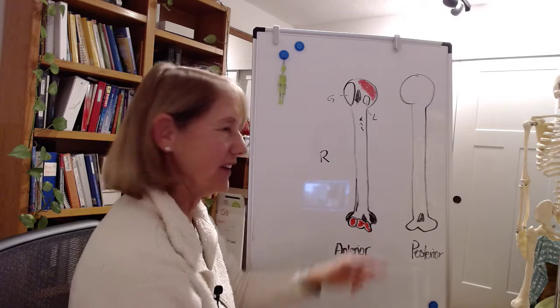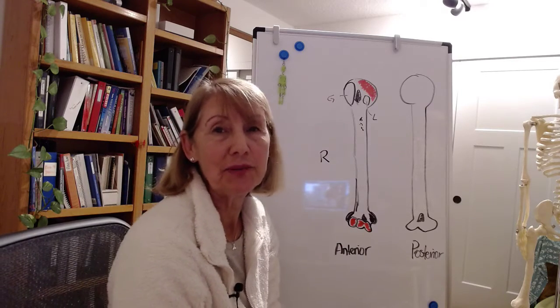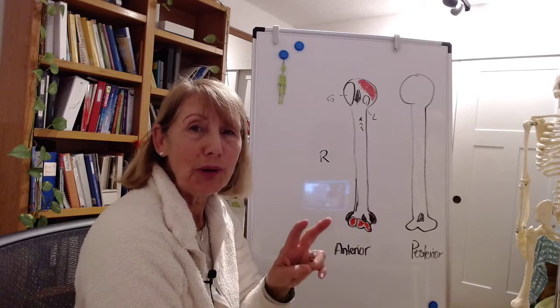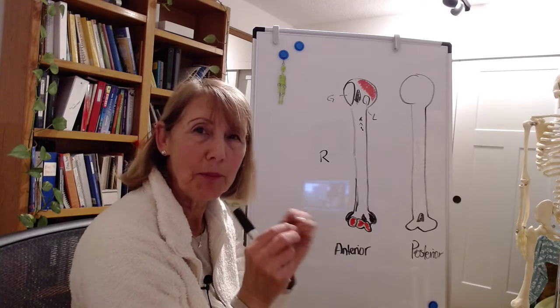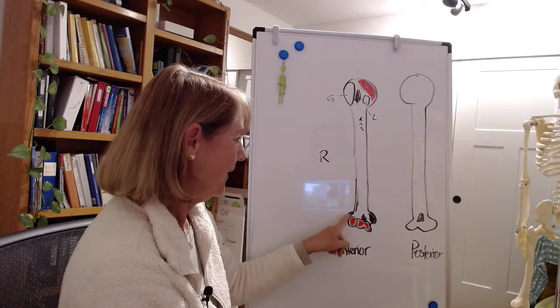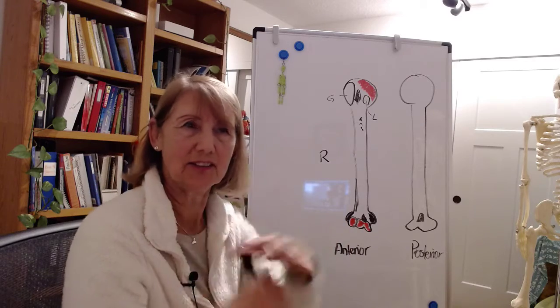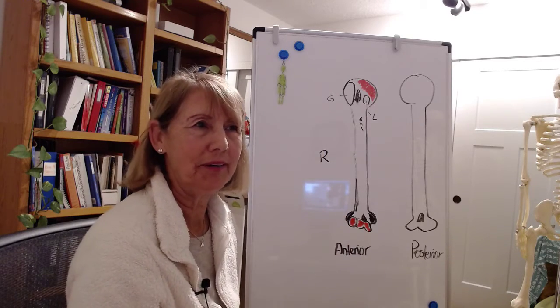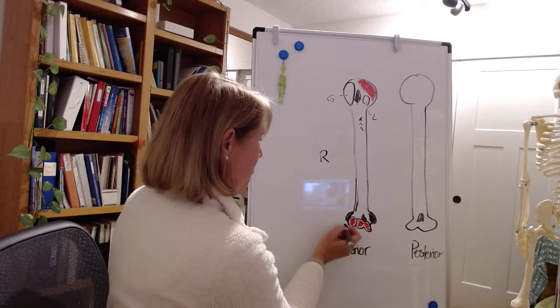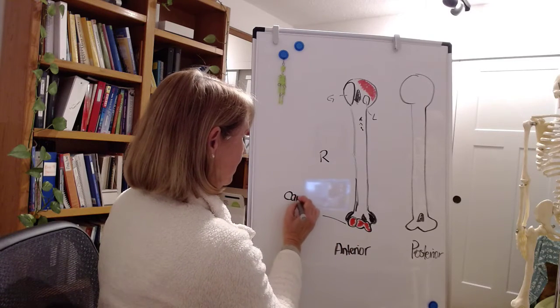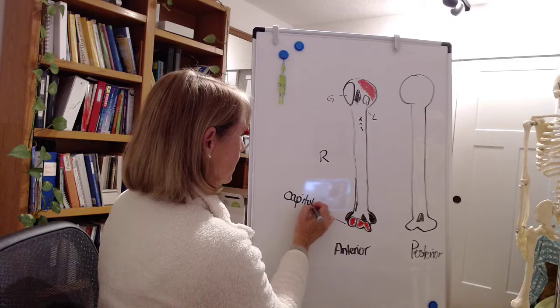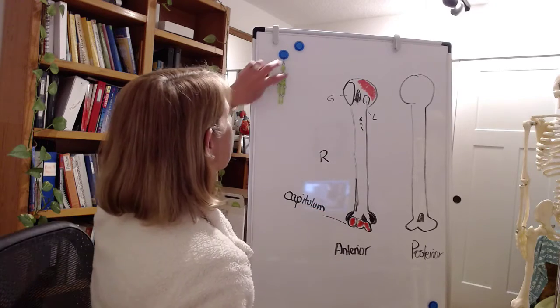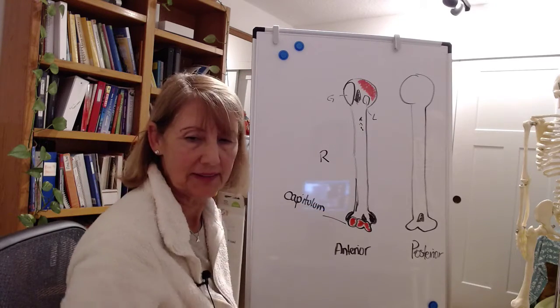Okay, now the joint. The joint is going to form a joint with two other bones, so we're going to name those two joints separately. The one that looks more rounded, that looks like a cap that you would wear, is called the capitulum. Let's write that one in. Capitulum. I might have to take my skeleton off.